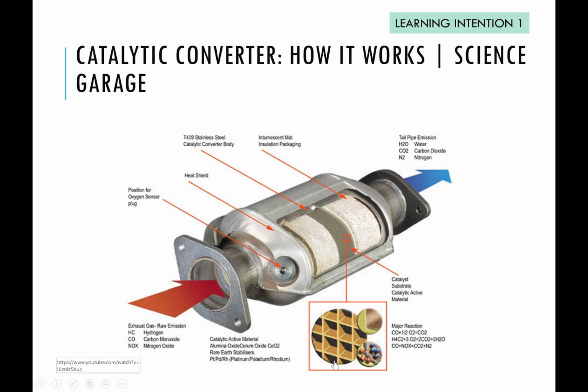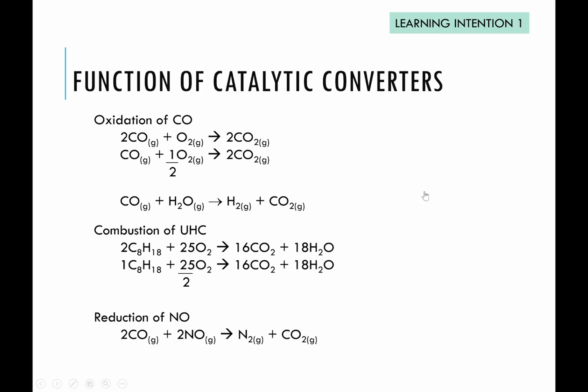Okay, and there are processes and equations that we can use up here to show what's occurring in our catalytic converters. The process of oxidation occurring and the process of reduction occurring through the movement of oxygen through here and the movement of electrons through this process.